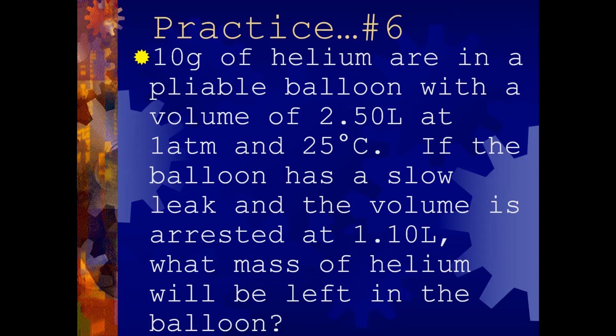I need a piece of paper. Hold on. So we have 10 grams. That's our N, right? That's what we started with. So that's N1. V1 is going to be equal to 2.50. And then we want to know N2, and V2 is equal to 1.1 liter.